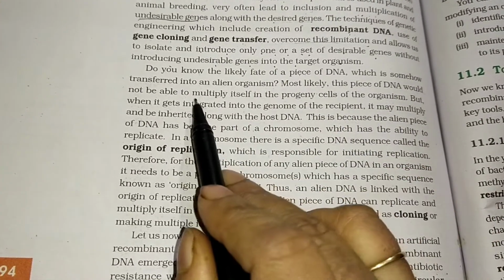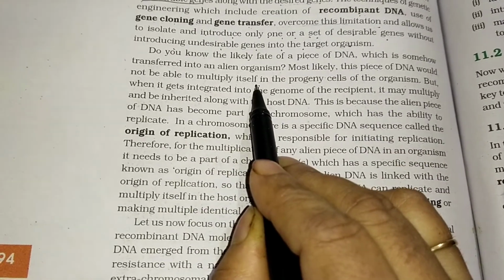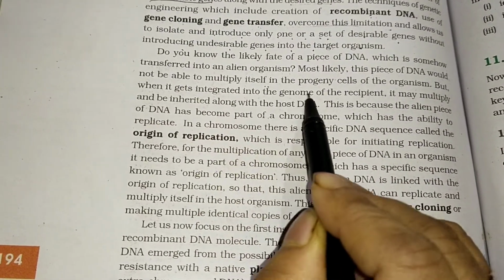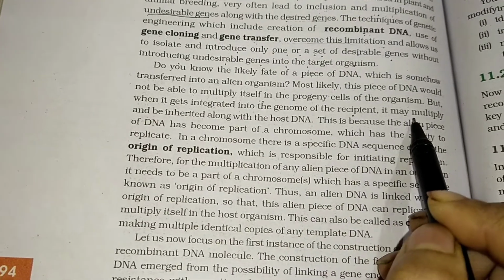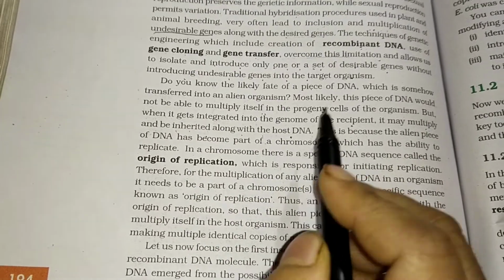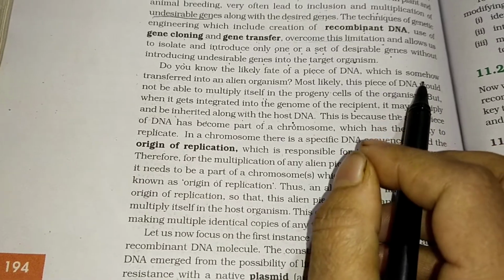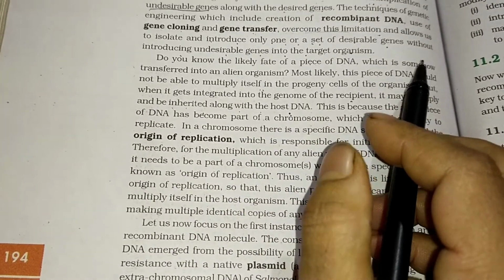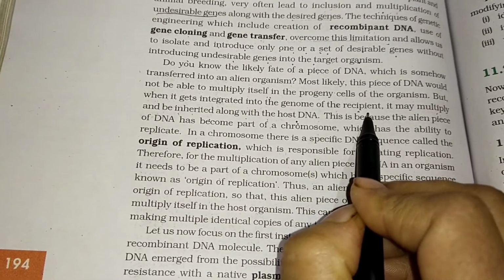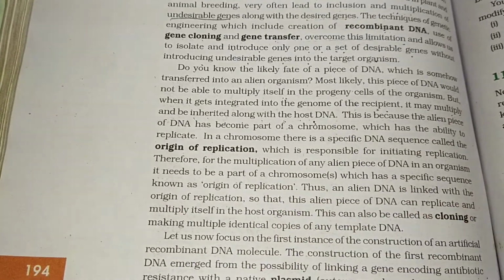This piece of DNA would not be able to multiply itself in the progeny cells of the organism, but when it gets integrated into the genome of the recipient, it may multiply and be inherited along with the host DNA. मतलब simply जब that piece of DNA is single, in that condition it cannot be multiplied. But when it is integrated or introduced into the genome of the recipient, it may multiply and be inherited along with the host DNA.